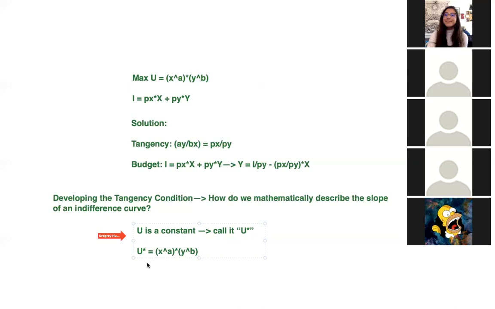What that enables me to do is say, if it's some specific value, then the change in U star, if U star is a constant, has to be equal to 0, right? Mm-hmm. So if I've said already that U star is a fixed number, and then I ask what the change in U star would be, well, it has to be 0 because a constant can't change, right?